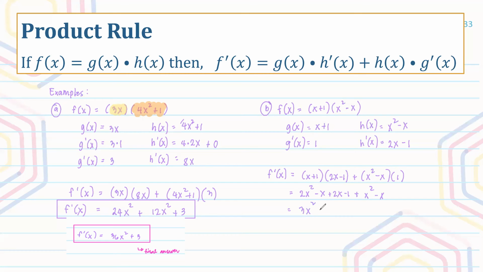So what's left here is only negative 1. So our derivative now of f of x is equal to 3x squared minus 1. Okay? So that's how you find the derivative of a function applying the product rule.